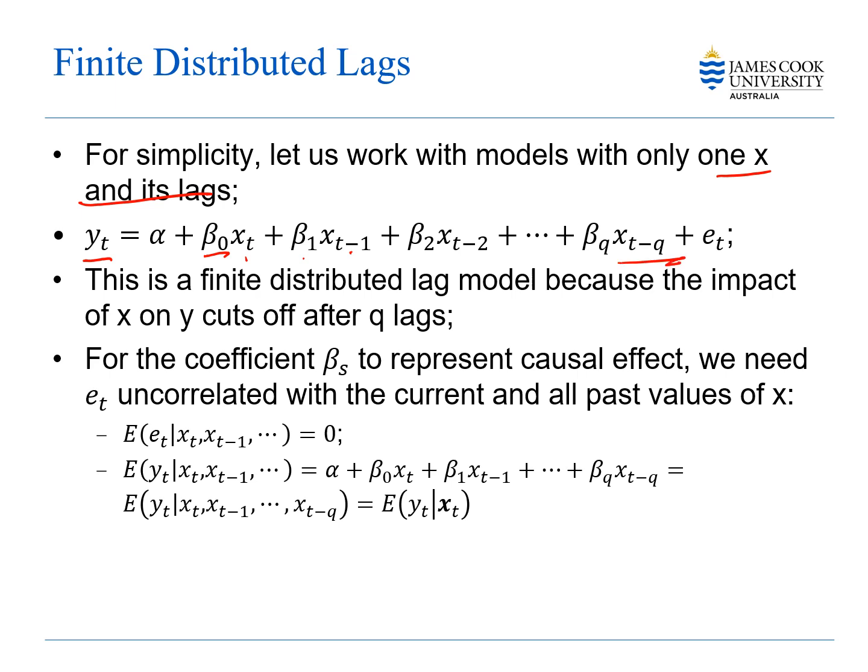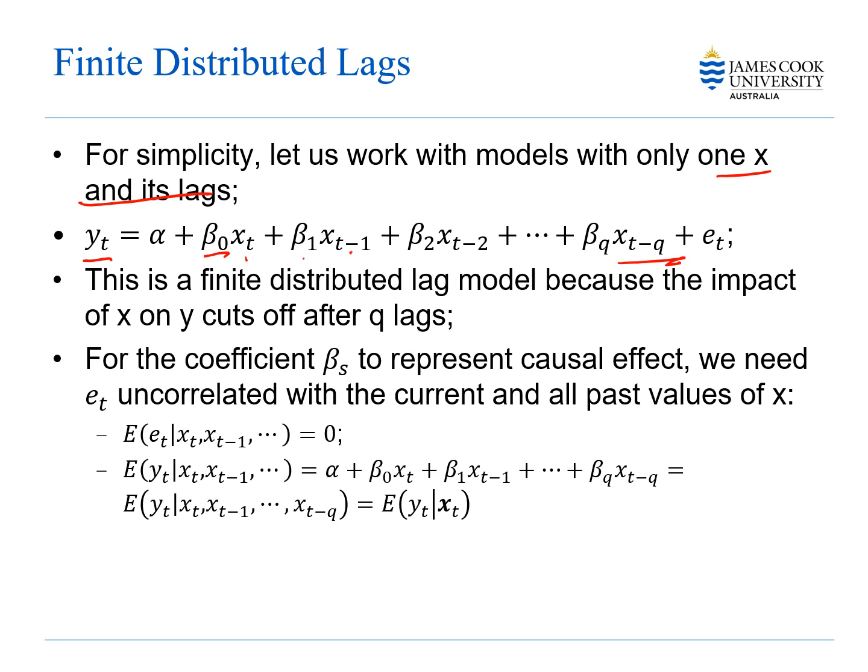So this is a finite distributed lag model. It is finite because the impact of x on y vanishes after q lags, q periods. And it is distributed because the impact of x is distributed across xt minus 1, xt minus 2 until xt minus q.